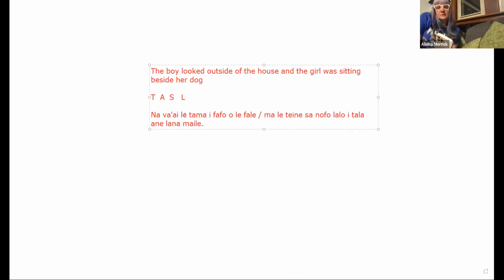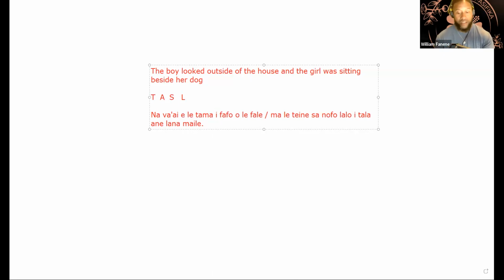Right. So I can look all day at outside of the house. I can look all day at the park, the sky. My looking does not change the other subject. And that's the difference in the Samoan language and the English language. Our actions, if they don't have a direct impact, we won't need that.